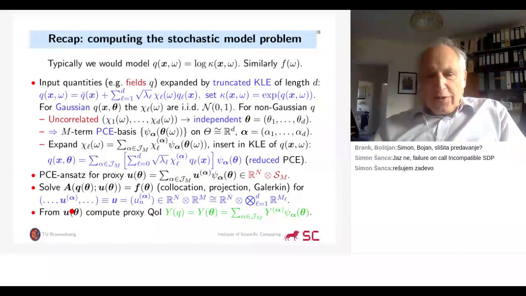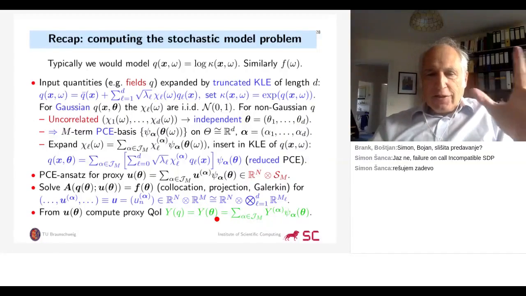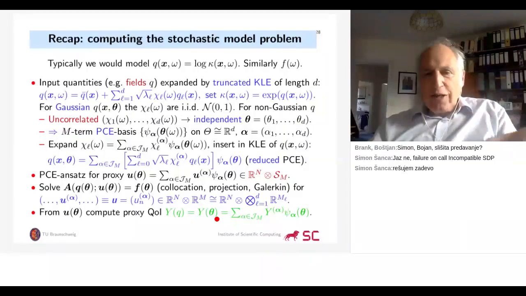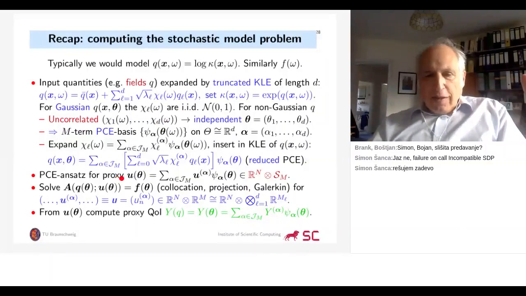But if we have a PCE of this guy here, that's what we get by solving this, then we can compute a PCE of our quantity of interest, and now we have a proxy which we can use in all these integration methods and so on. Good. So this was just on how we can use everything. We use the KLE to prepare the input, the random fields which I input. We make a PCE ansatz in those random variables which come out from the KLE of the input.